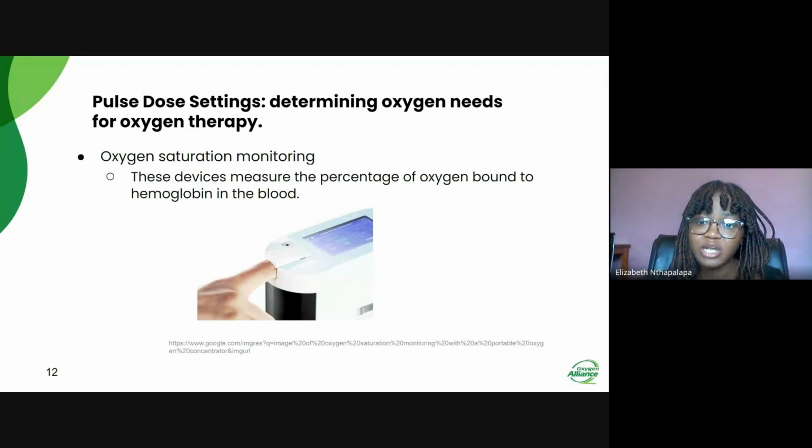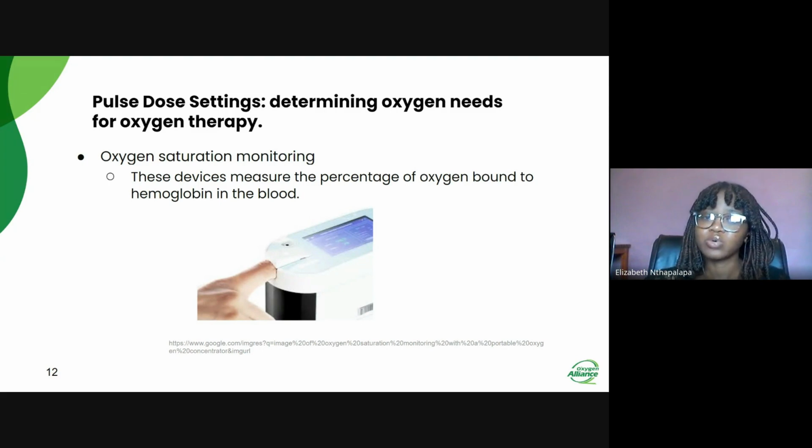As we can see in our picture here, we have an example of a portable oxygen concentrator, and we can see a finger inserted in the pulse oximeter, whereby they are monitoring the oxygen saturation in the body.